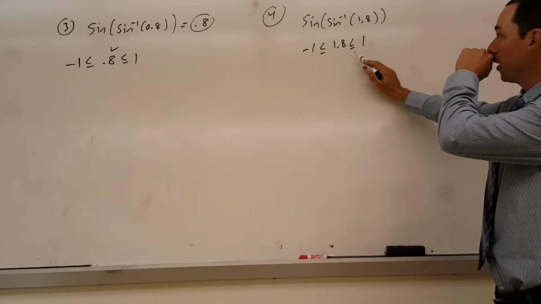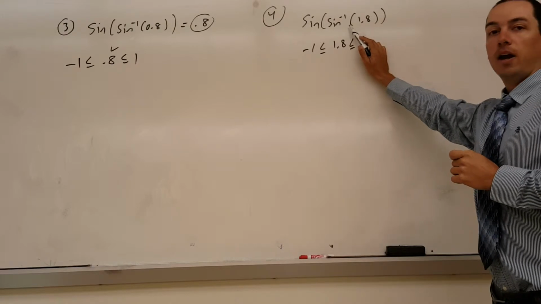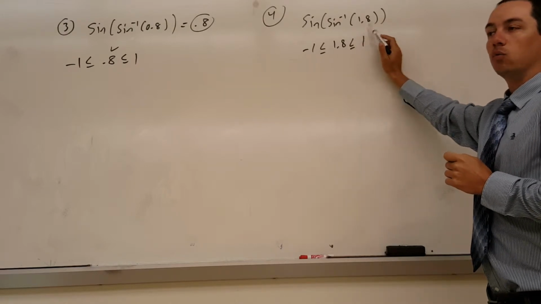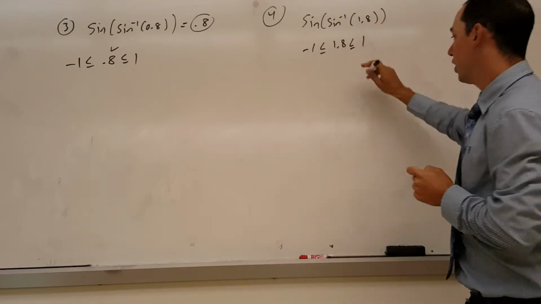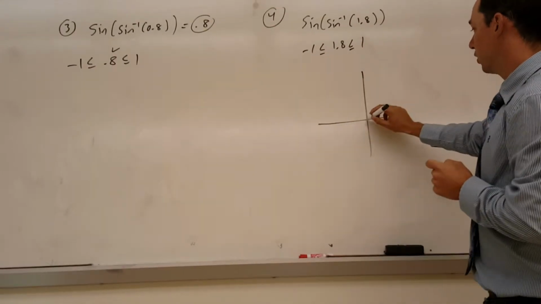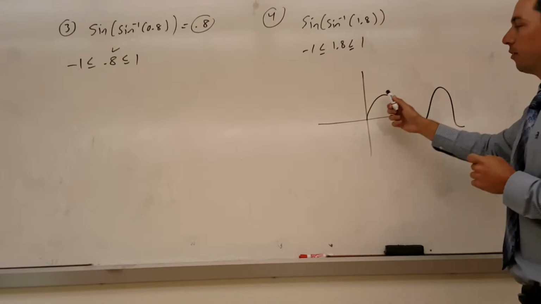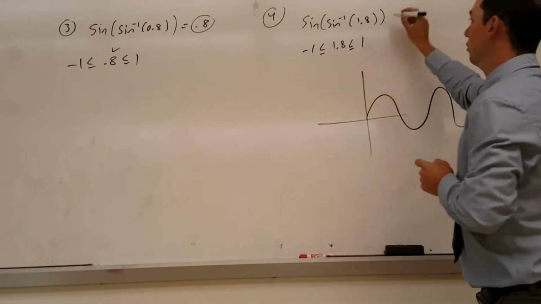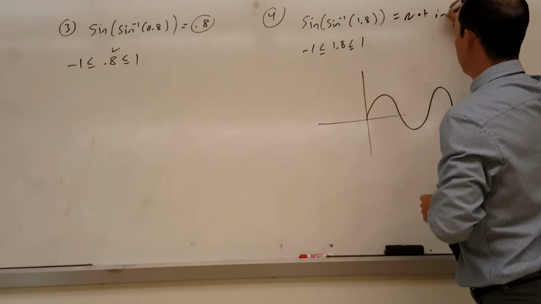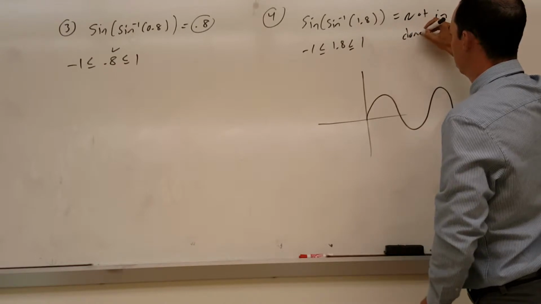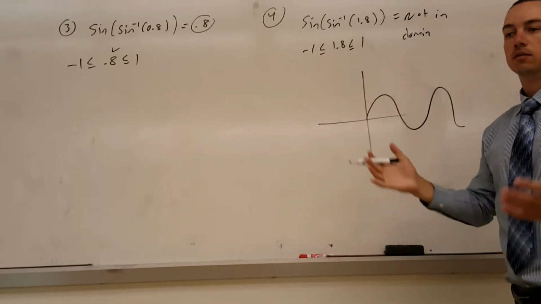However, this is not okay. This is saying, what angle has a sine of 1.8? When is sine equal to 1.8? And you say, never. Sine goes up to 1, down to negative 1, up to 1, down to negative 1. It's never going to be at 1.8, so it's not in the domain, or undefined. And that's it.